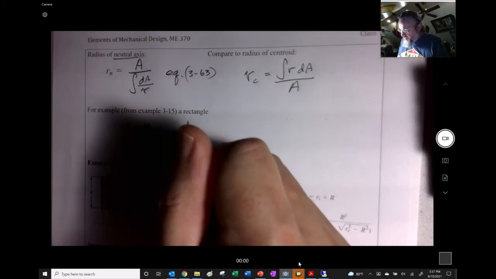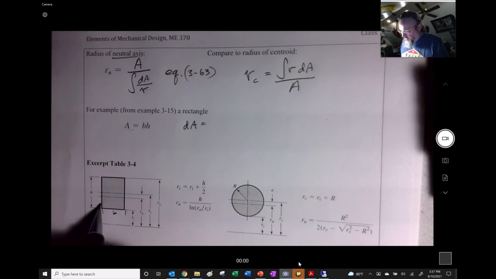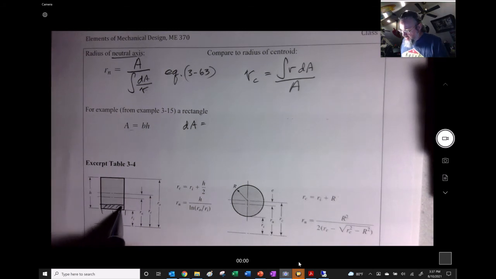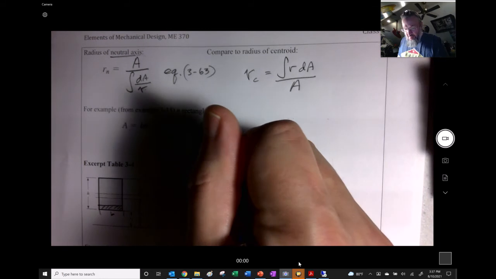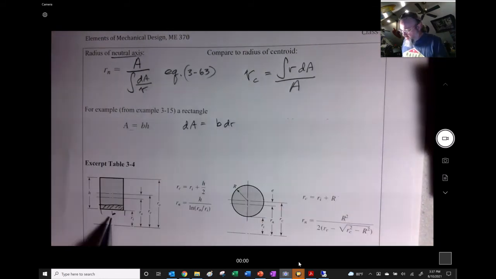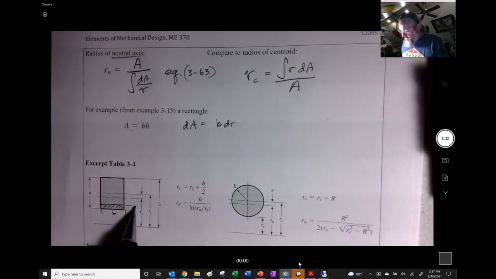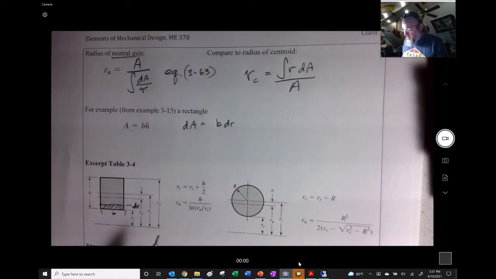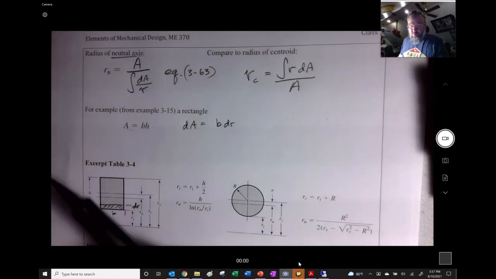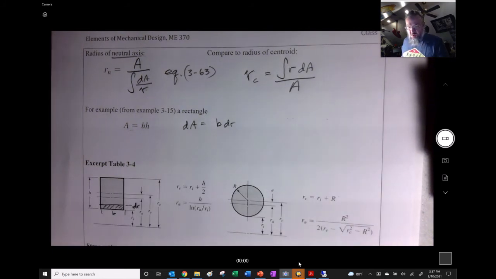But we could find incremental areas, right? So if we had an incremental area like that right there, it would be B times dr. Here would be dr, like little incremental r's onto the thing. So we're using r, we're measuring it from here, but here's the incremental of the r's.